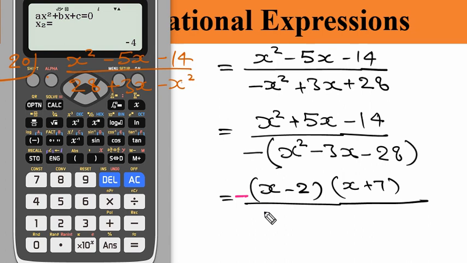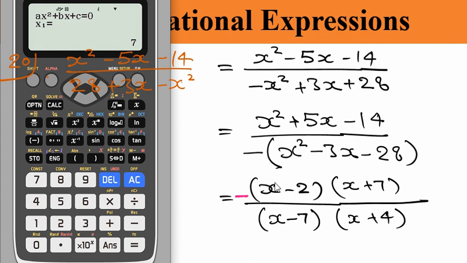So x1 was 7, so that will give us plus 7. Oh, that was 7, right? So that will give us -7. And this is -4, so this will give me plus 4. Let me cross check again. That was giving us -7, right? Yep, that's how you do it.